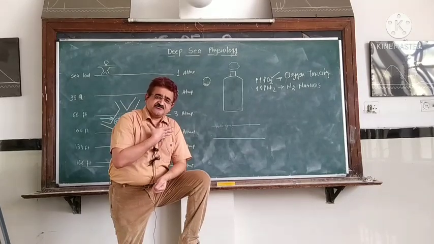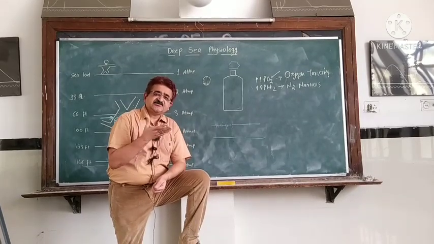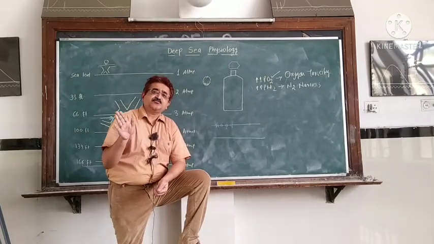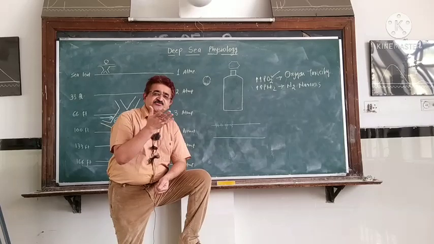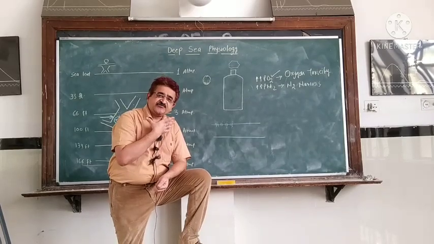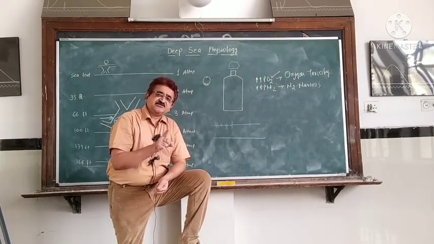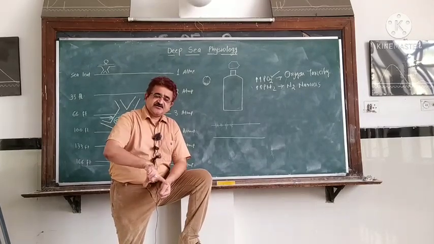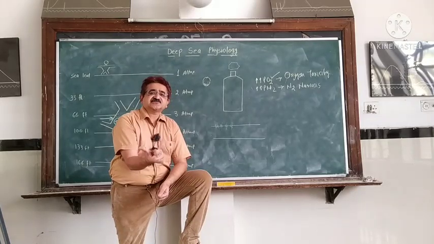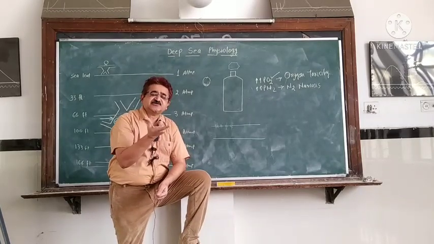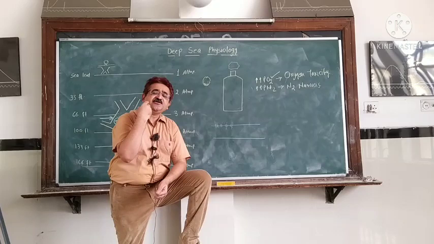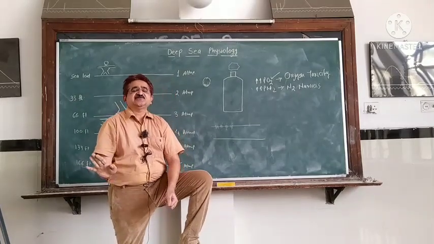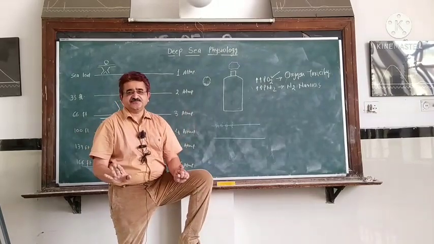Allow the diver to inhale air containing oxygen, and in place of nitrogen put helium. So helium is going in, and during expiration nitrogen is coming out. This is continued for some time till no nitrogen is coming out, and the nitrogen is completely washed out from the body.